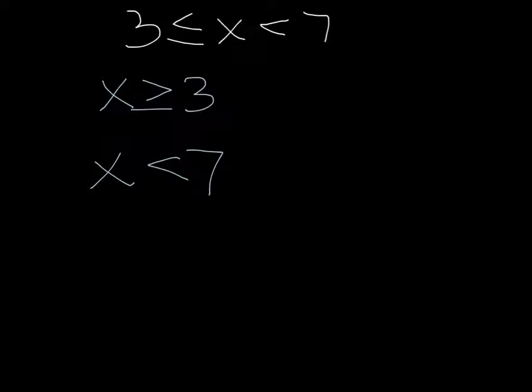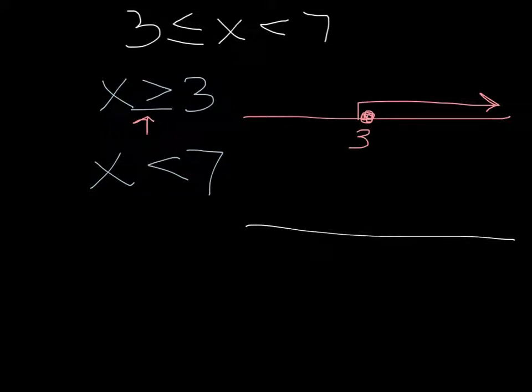So if we graph that, then the graph for this one is a closed circle on 3 because it's including 3, and it goes to the right. The graph always goes in the same direction as the arrow for the inequality. And then the graph for x is less than 7 is 7, but it's not including 7, and it's going to the left.